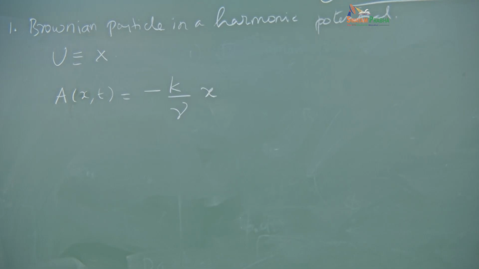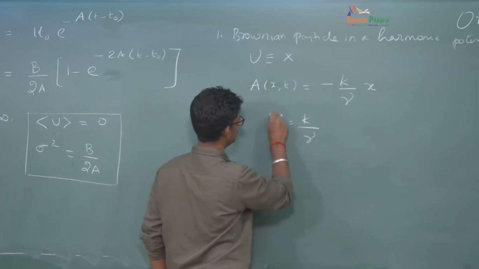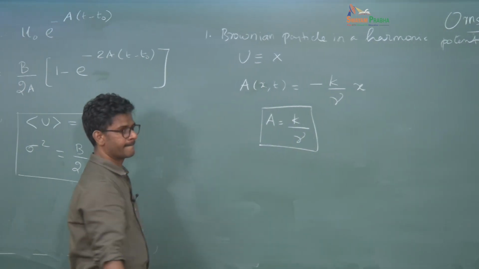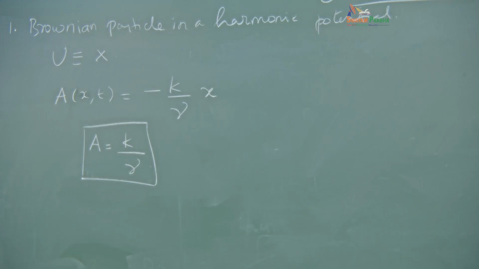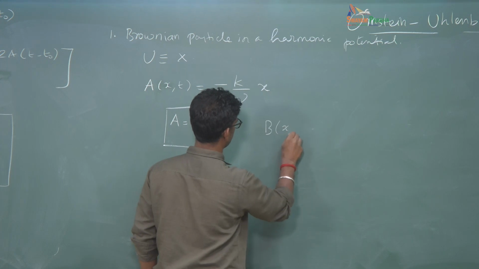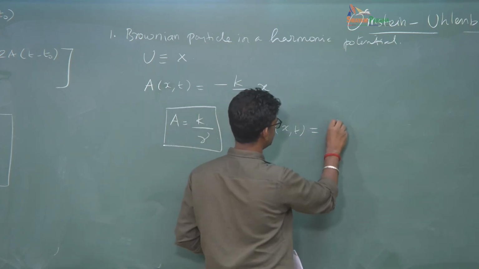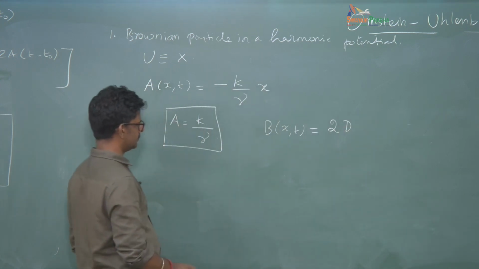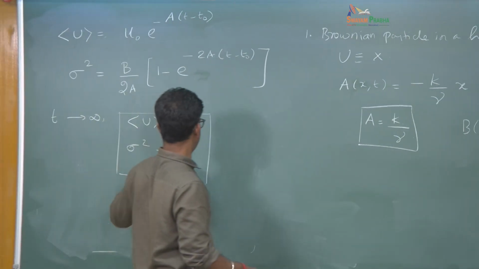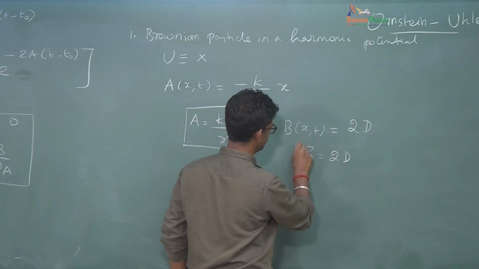In other words, in this equation, wherever we have A, we have to replace that with k by gamma, right, and then B was considered as 2D. So that means wherever we see B here, we should be replacing that with 2D.